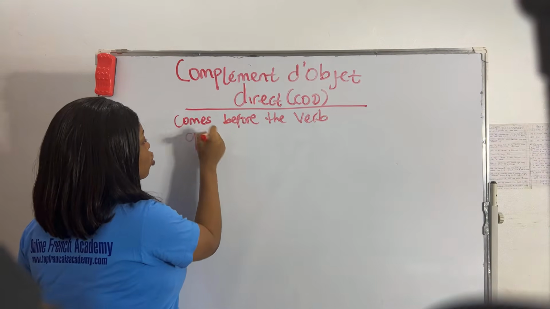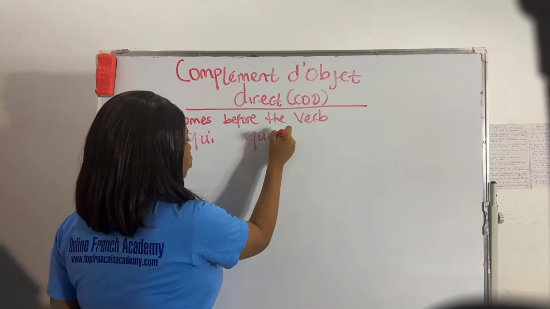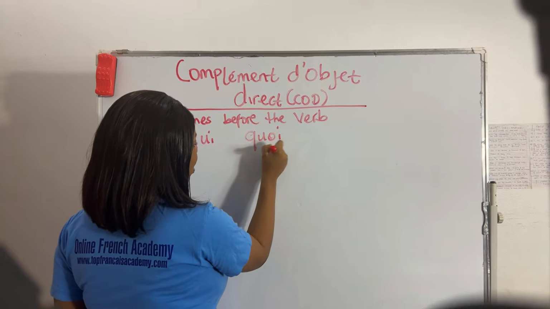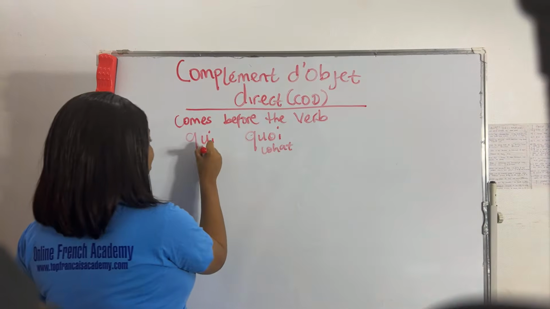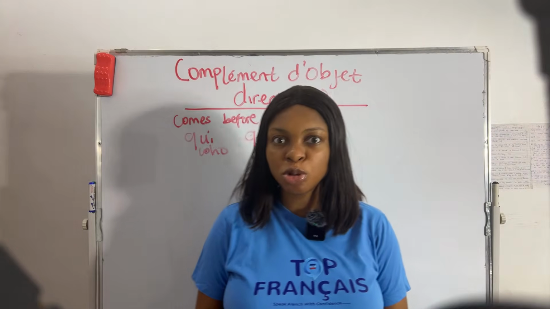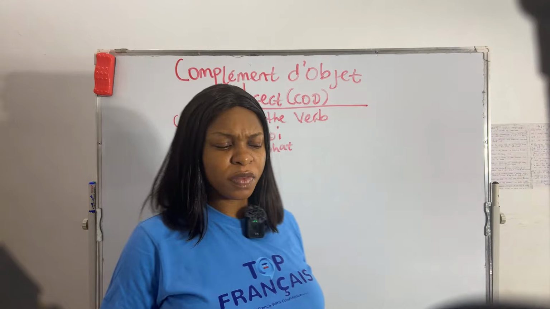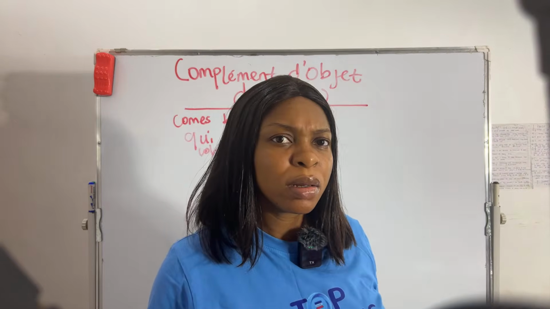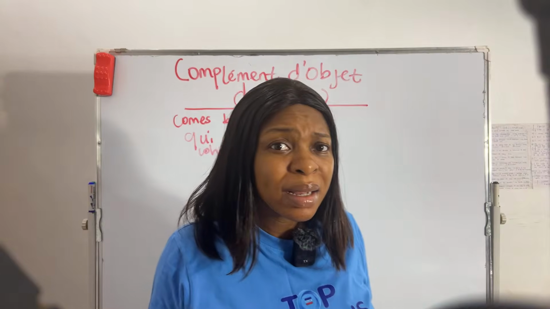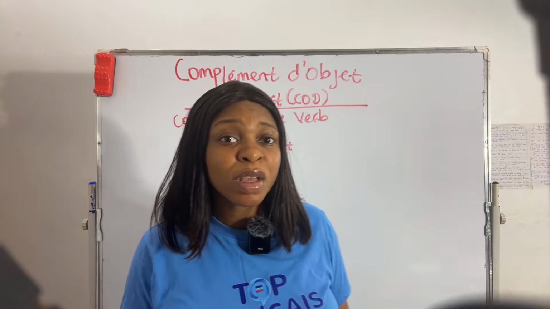So qui is who. Then what is quoi. I'm going to write it beneath it. What, then who. So that's what COD responds to. Let me break it down for you. Are you seeing Mark? And you want to say, oh yes, I am seeing him.